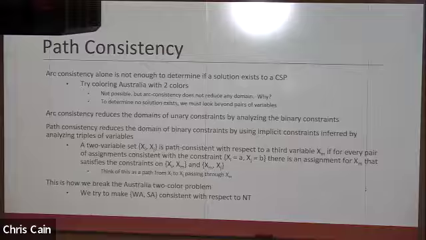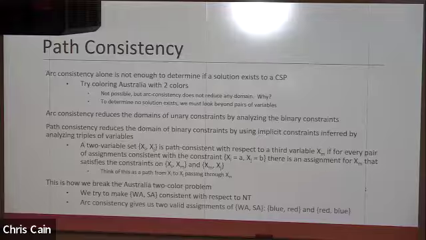Because we iterated every possible coloring for those 2, of which there's really only 2 in a 2-color environment, either one is red, one is blue, or one is blue and one is red. And either way, there is no way to color Northern Territory red or blue, because one of the adjacent territories is that color. But it takes path consistency to see that.